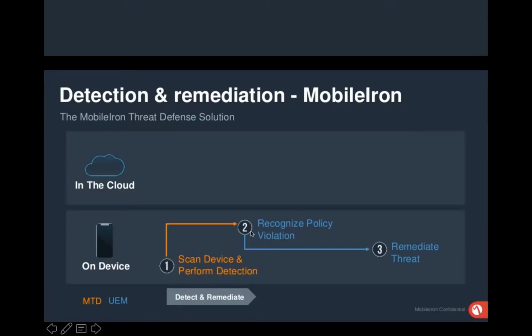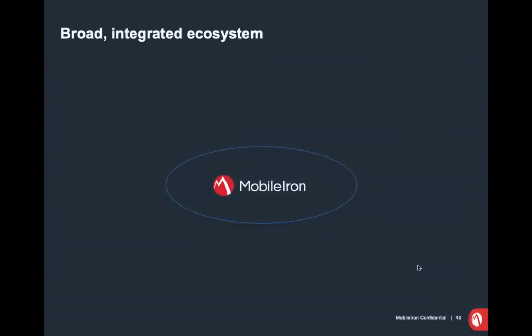And it recognizes the policy violation, where the policies regarding the policy violation are framed inside the UEM solution. So it's interacting with the UEM solution to recognize what is considered a policy violation. And finally, it takes the action that you would want to take, something that you might have configured, such as detect it and block it, or quarantine it, or just alert, right?